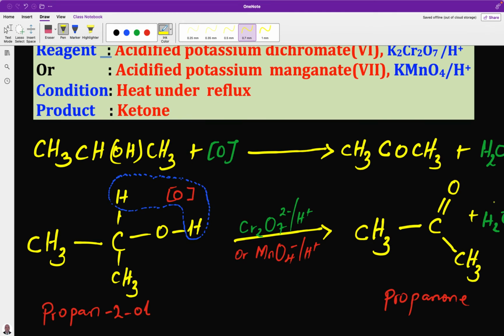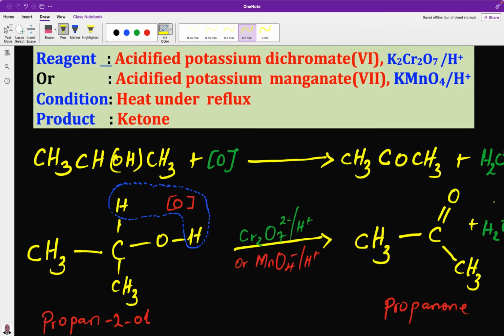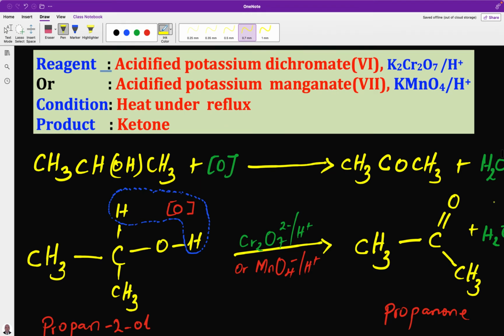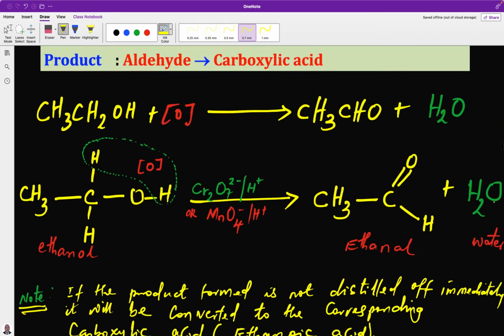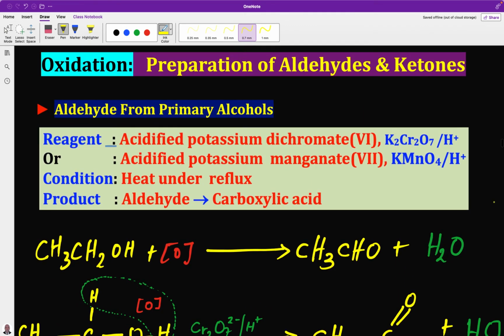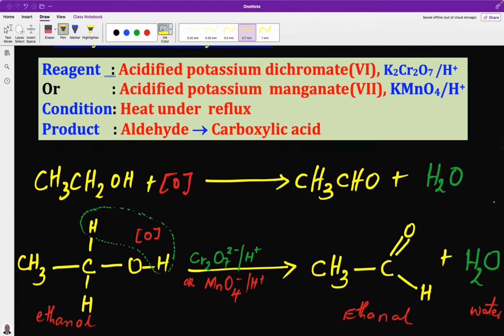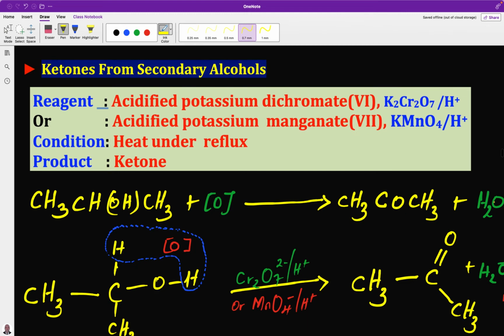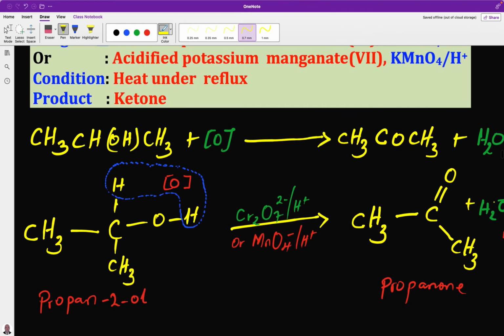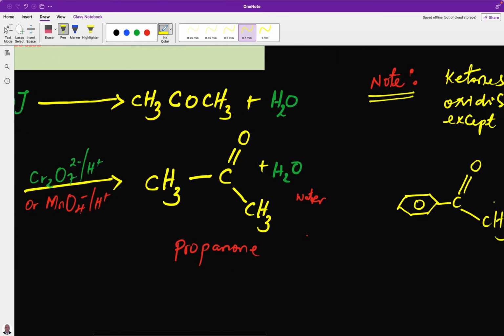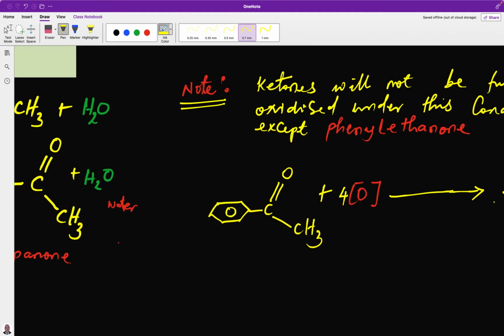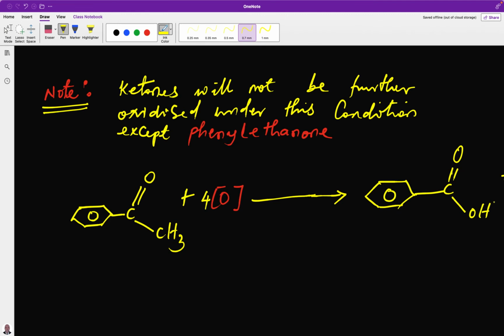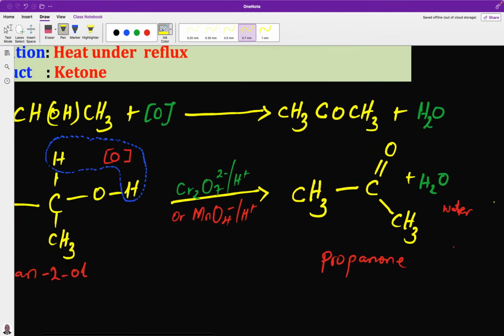We are done with oxidation of aldehydes and ketones, that is, preparation of aldehydes and ketones through oxidation. We are done with preparing aldehydes from primary alcohols using a suitable oxidizing agent, preparation of ketones from secondary alcohol using a suitable oxidizing agent, and finally, ketones are not further oxidized, except the only one that can undergo that, phenylethanone.